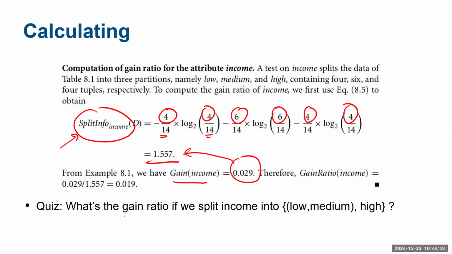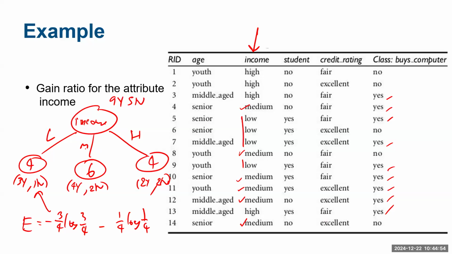So what is the gain ratio? We have the gain for the income. This is fixed, because the gain of the income depends only on how you split into low, medium, and high. So let's say we combine low and medium together into one group and then high in another group. What is the split info for this one? Low and medium combined give you 10.